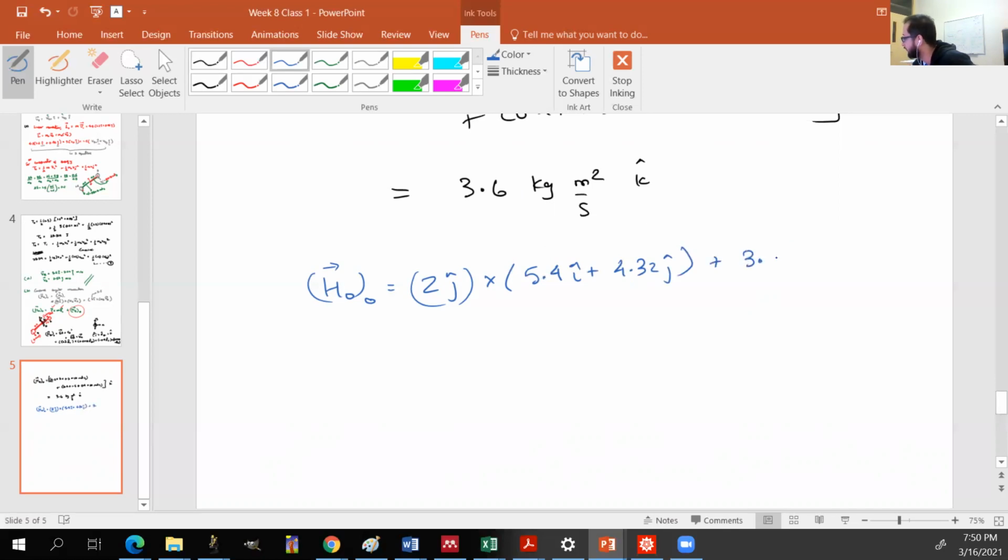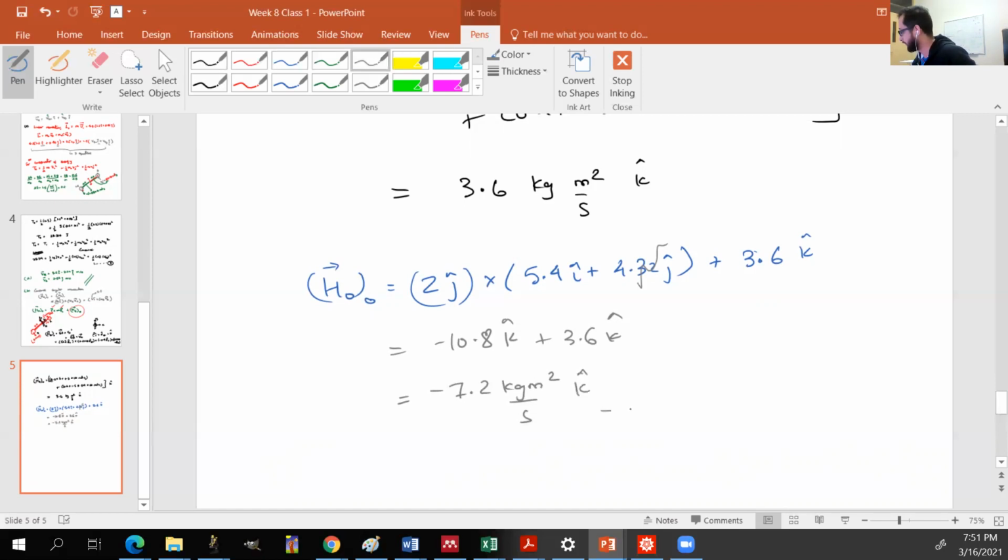Now we got that HG was 3.6 K hat. J hat crossed with J hat is nothing, so you're left with J crossed with I, which is minus K. So you get minus 10.8 K hat plus 3.6 K hat, which is equal to minus 7.2 kilogram meter squared per second K hat.